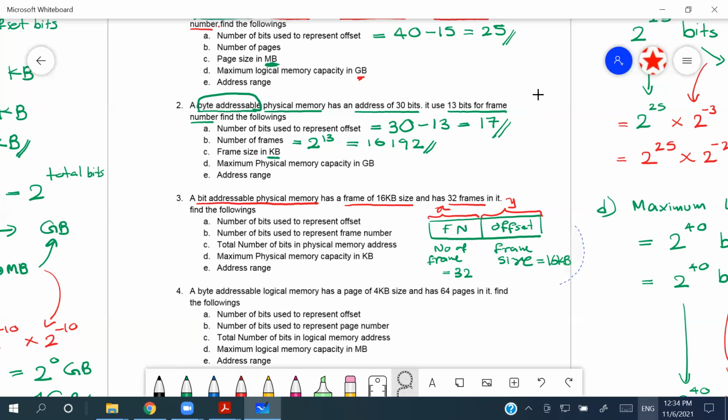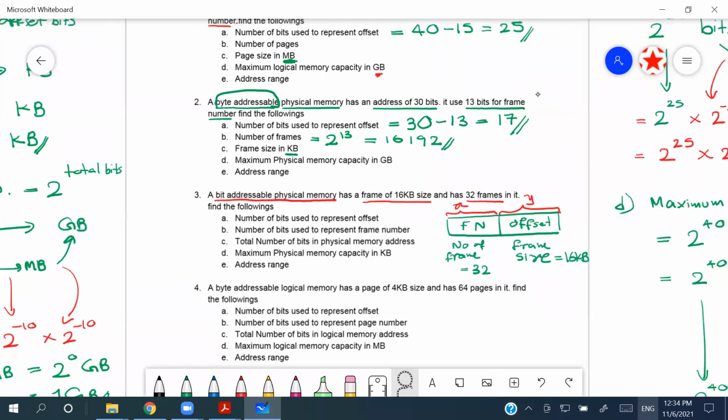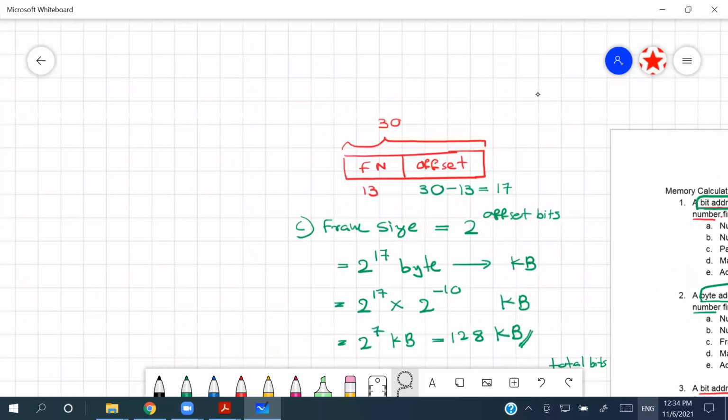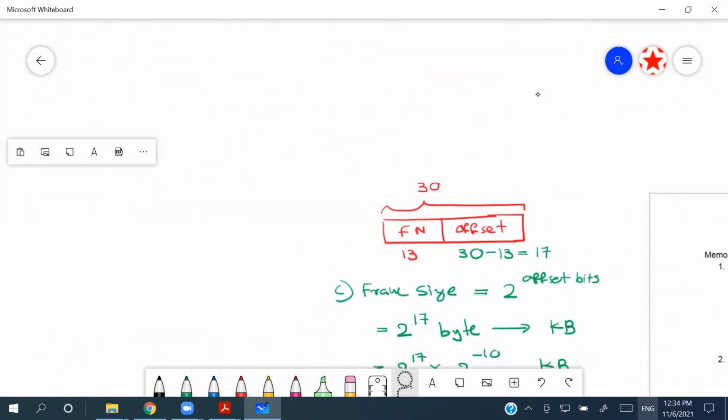So I'm going to take this drawing to my calculation area. So yeah, I'm taking the drawing over here.